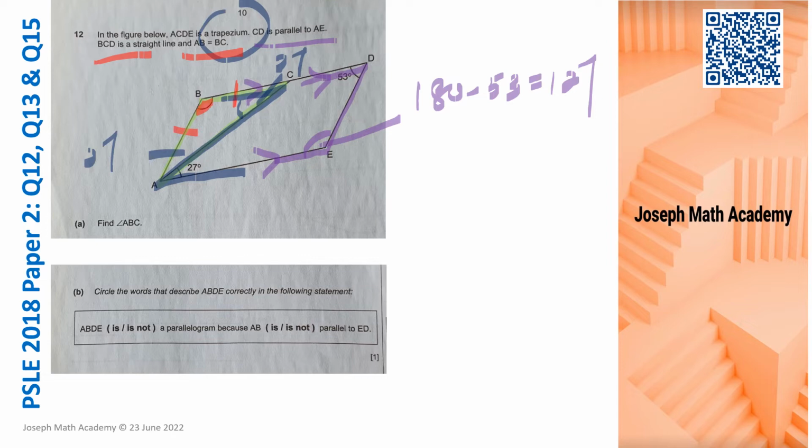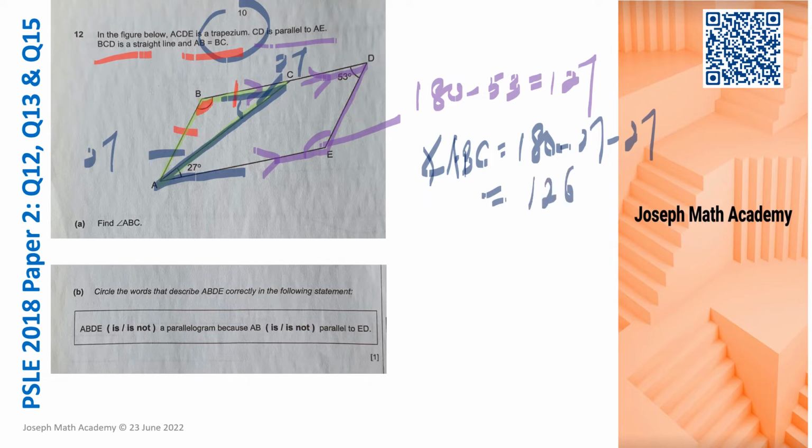Okay, all right, that means angle ABC is found. 180 minus 27 twice gets us 126. So angle ABC is found. Part A is done. So we have completed part A.